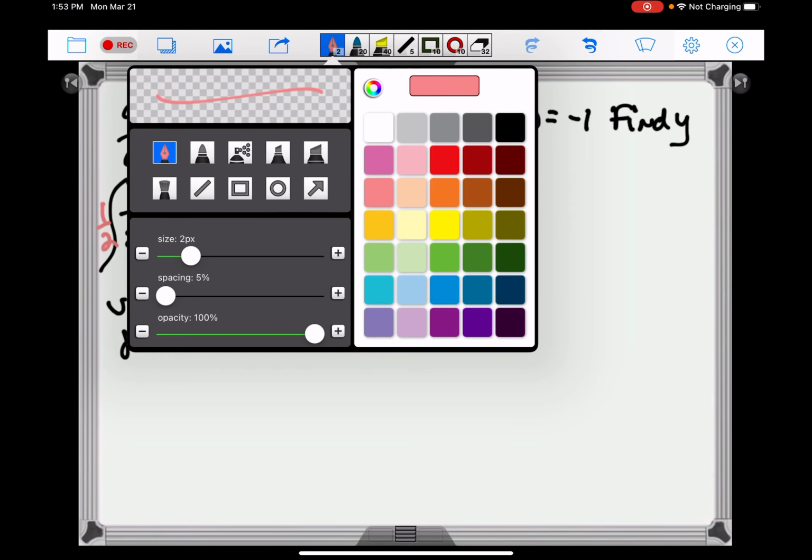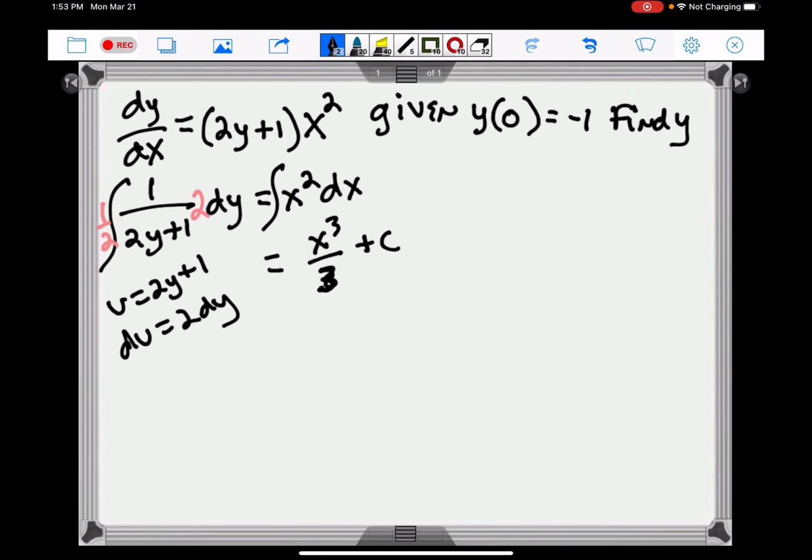It's almost like you have practice doing the problem. So I put a 2 in there so I could substitute, right? And then a 1/2 to balance it out. We're doing okay?